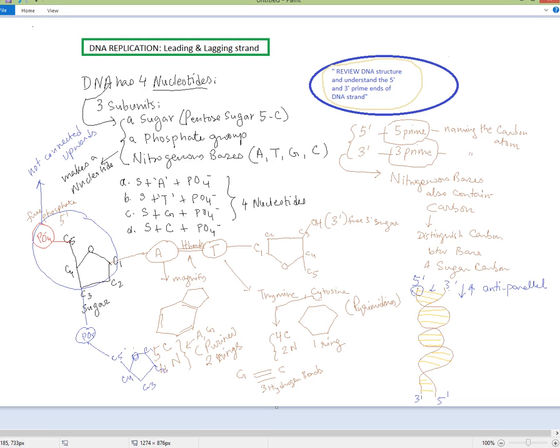This phosphate group is not free, it's connected, because the strand is a continuous strand going down. Again, the same way, C3 is connected to a phosphate group, and then that phosphate group is connected to carbon number 5.